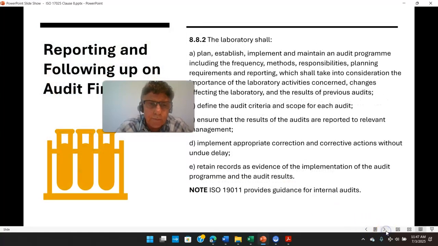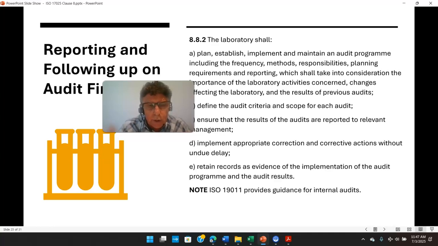That's very important. The laboratory shall plan, establish, implement and maintain an audit program. Typically, an internal audit procedure will act as an audit program.